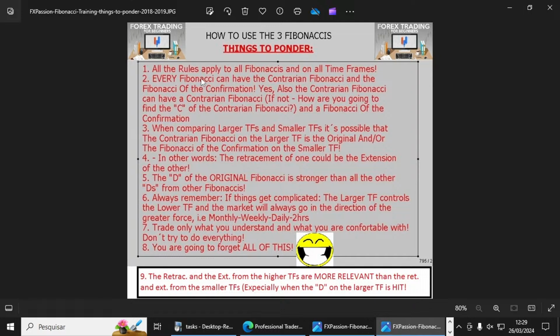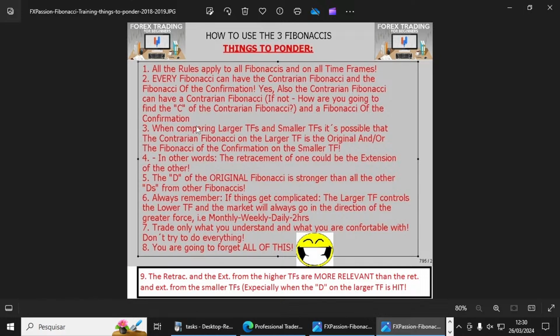Number 2, every Fibonacci can have the contrarian Fibonacci and the Fibonacci of the confirmation. We didn't learn yet, but also the contrarian Fibonacci can have a contrarian Fibonacci. If not, how are you going to find the C of the contrarian Fibonacci? This is for the day traders who love to trade retracements. It's called retracement trading.